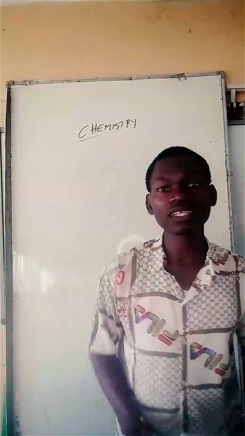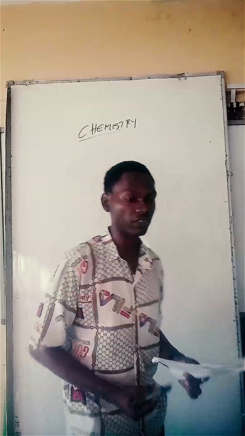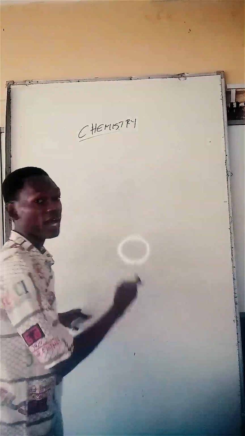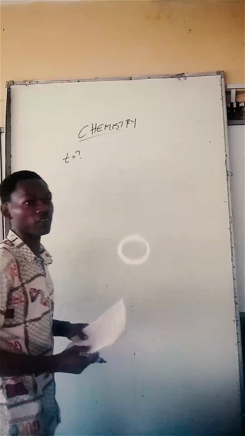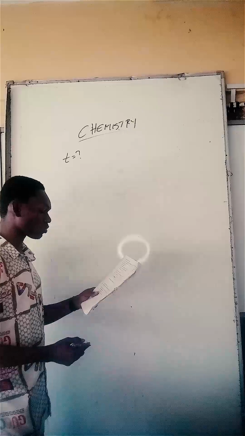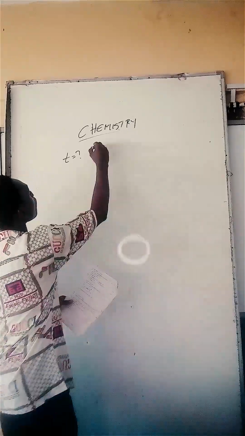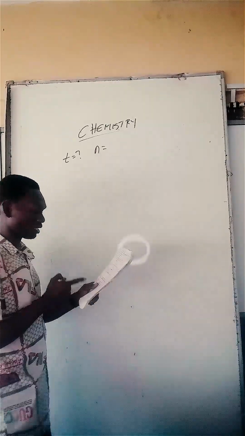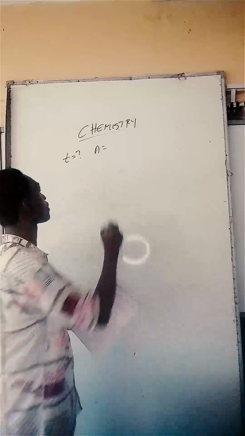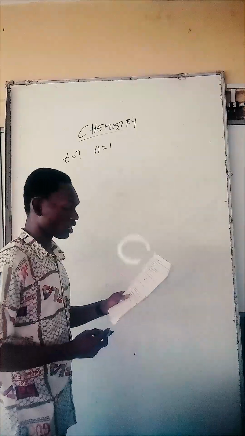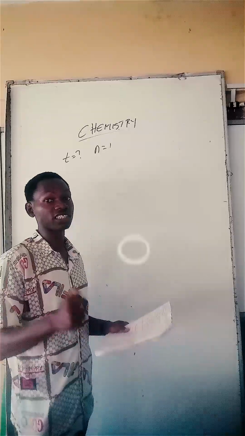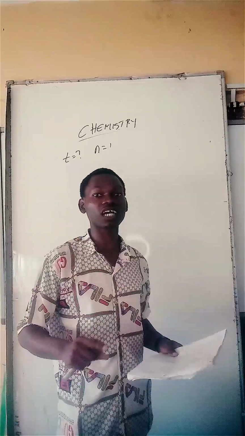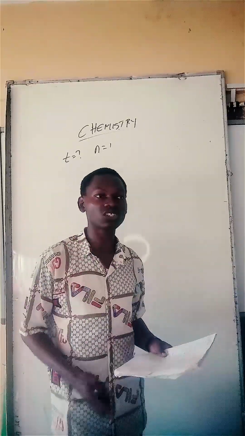Now, let's simply spell out all the parameters given to us. In that question, we are asked to calculate for time, right? We don't know the value for time, and we are also given the number of mole. We are told that the number of mole is 1 mole, so the n here is 1. And also we are told that the salt that is dissolving is silver nitrate, and we know silver is a monovalent metal, right?